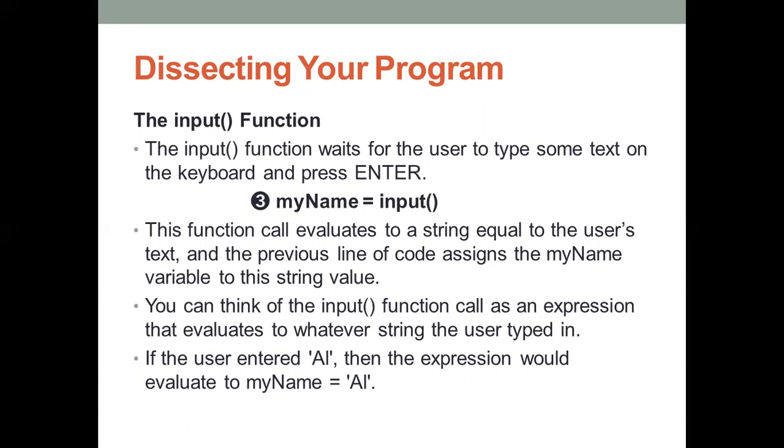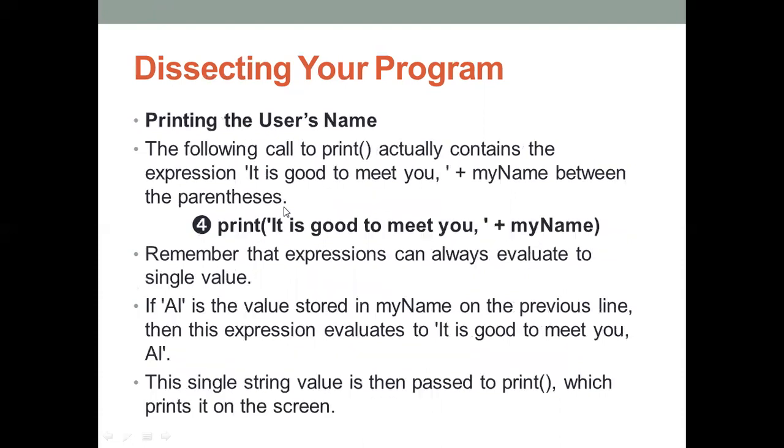If the user entered AI, then the expression would evaluate to my name is equal to AI. Here we are using Spyder, which will expect some input values. If you enter AI as input, then that AI is stored inside the variable my name, which we already declared.